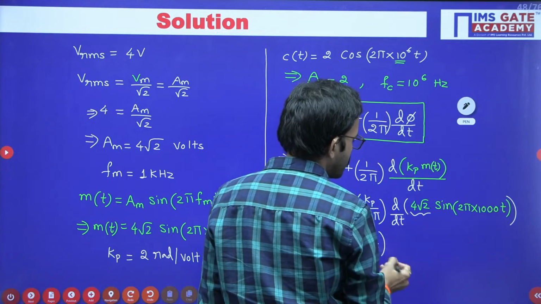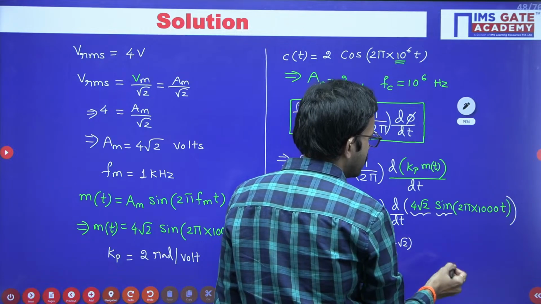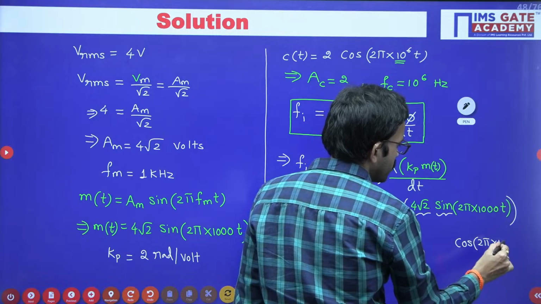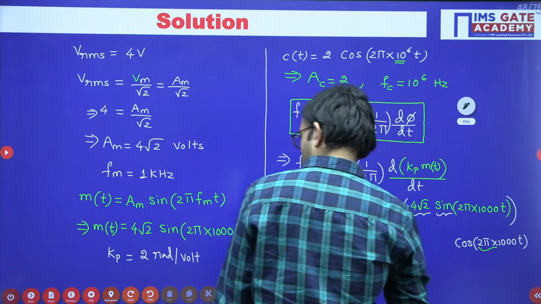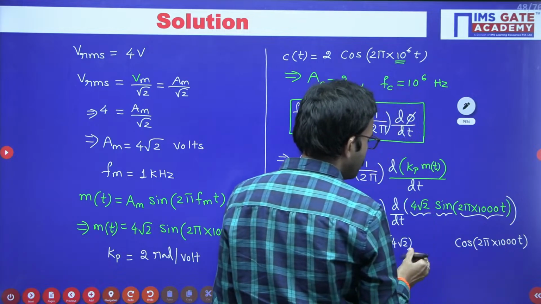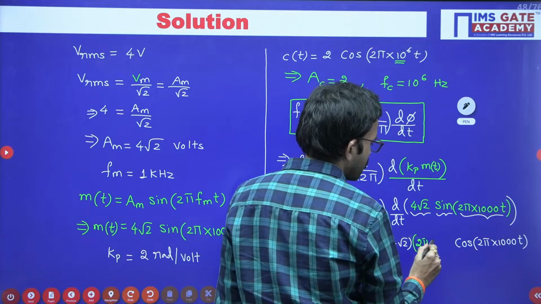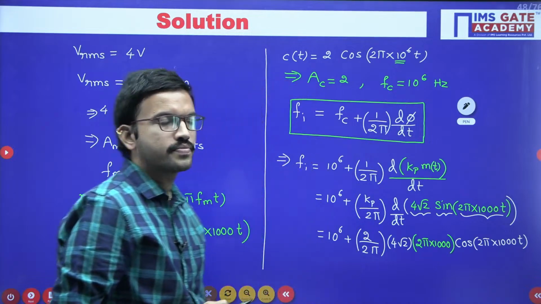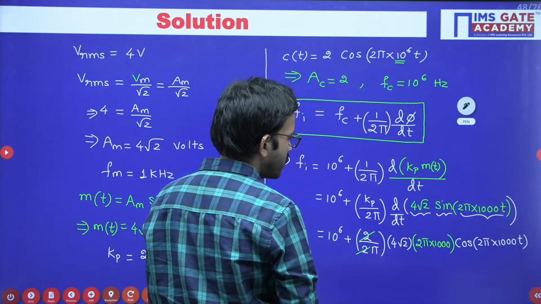Here 4 root 2 is a constant, we can keep it outside the derivative. The derivative of the sine term gives the cos term, and the derivative of the inner term is 2 pi into 1000. Now the 2 will get cancelled.